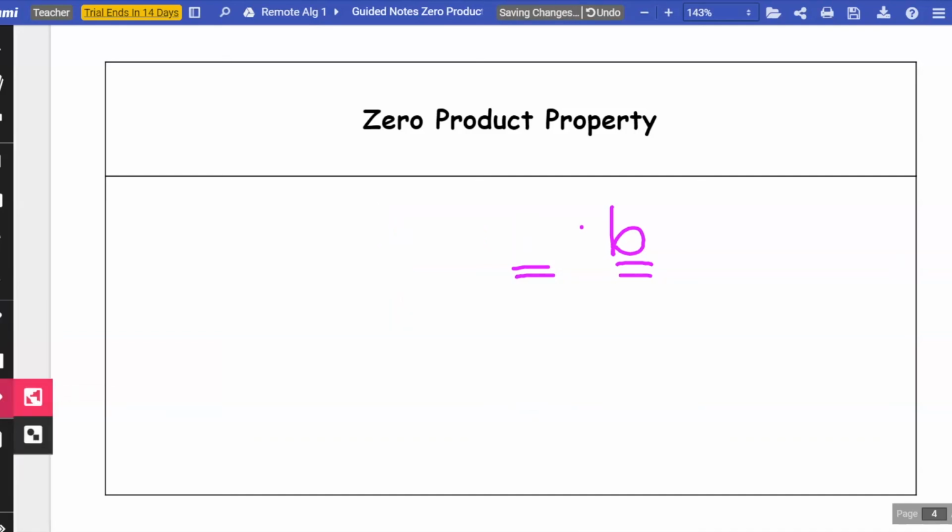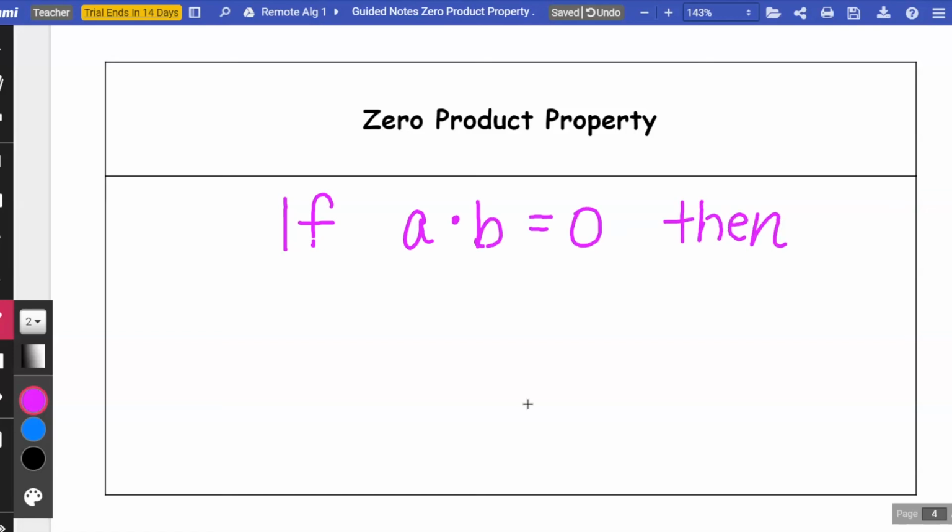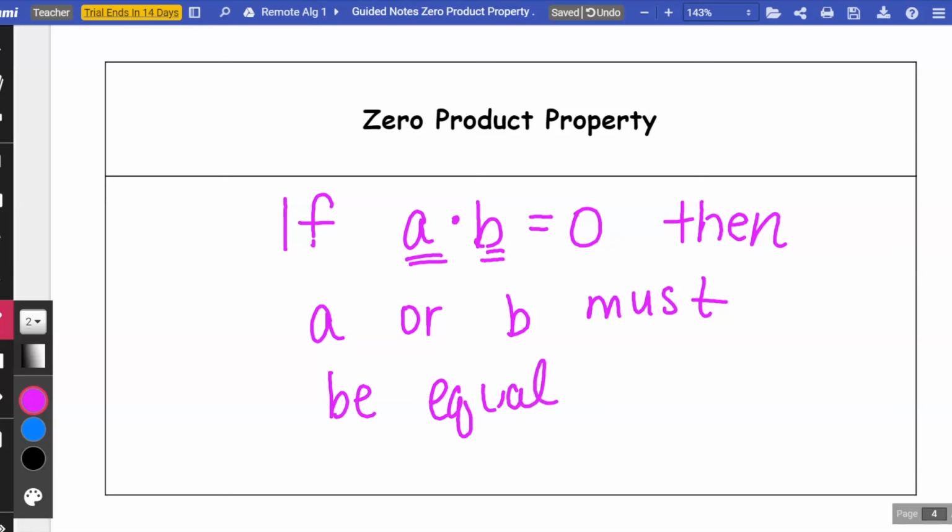So I'm actually going to rewrite this and use the formal definition. So it looks like if a times b equals 0, then what does that tell you about a or b? A or B must be equal to 0.